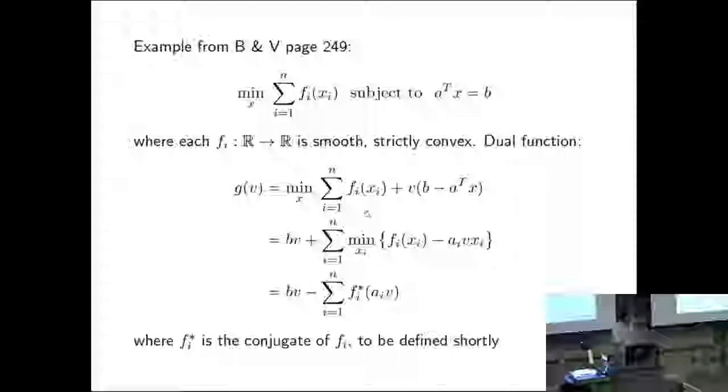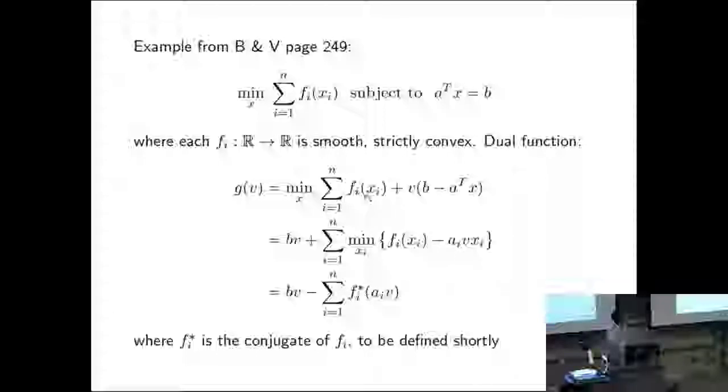It comes out, and now here is the really nice part about the dual. I can write v times a transpose x as the sum of v times ai xi.